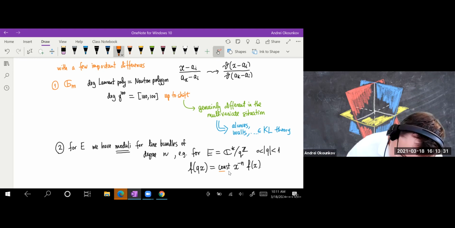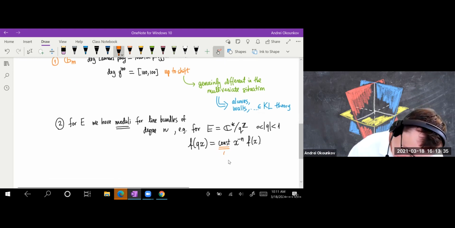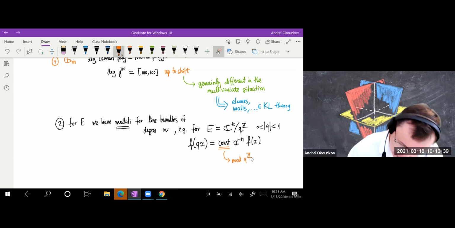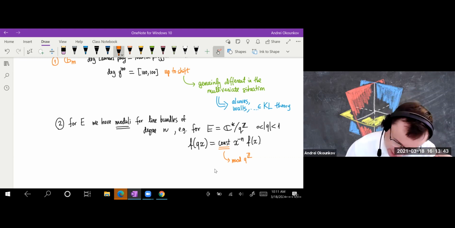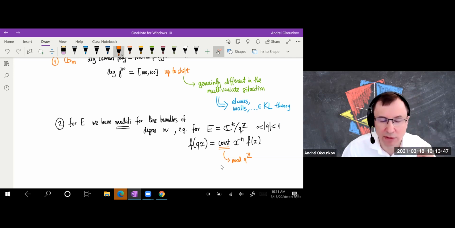And this constant, or rather its class mod q to the Z, that's a point in, well, in this case the dual elliptic curve. This parameterizes, that is the coordinate on line bundles of degree n.